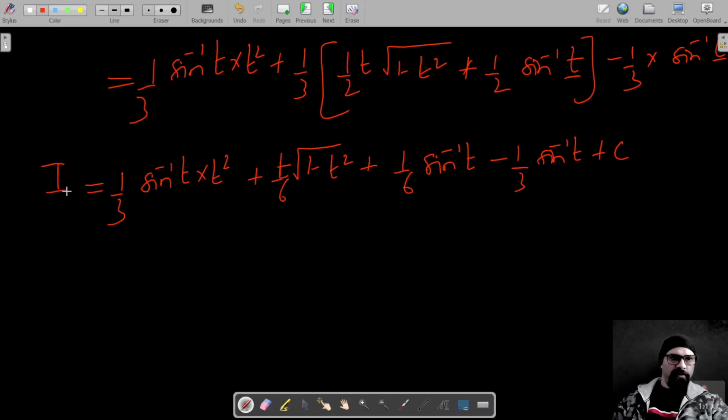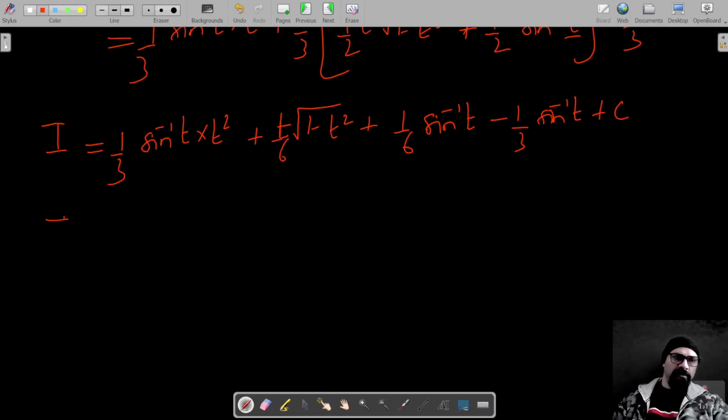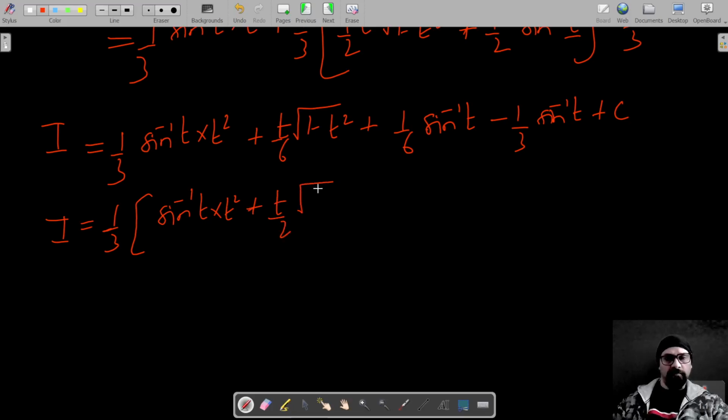And now we are ready to make the resubstitution once again for t. So let me put in the values, or rather I can keep 1 by 3 common, which gives me sine inverse t into t square plus this is t by 2 under root 1 minus t square plus 1 by 2 sine inverse t minus sine inverse t plus c.